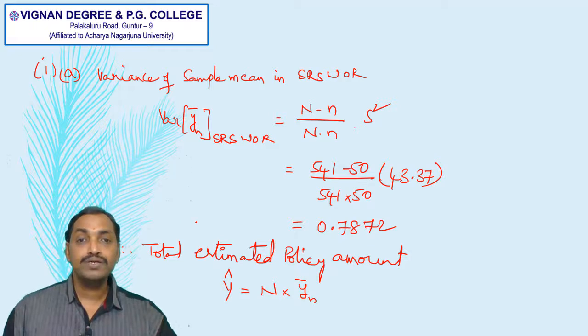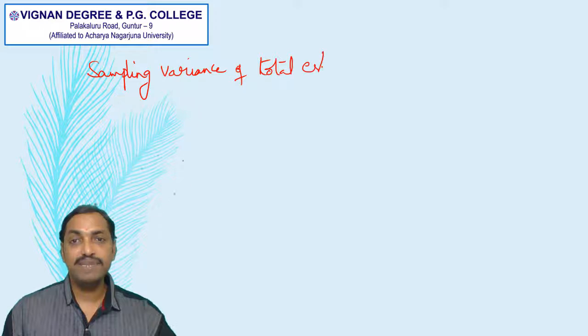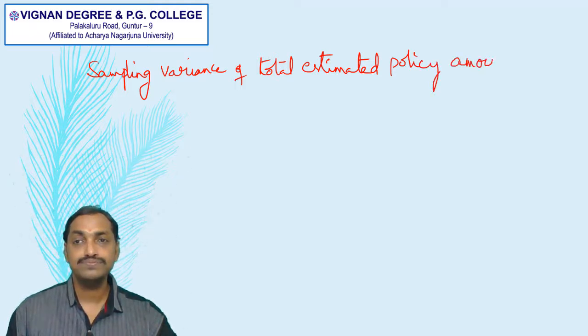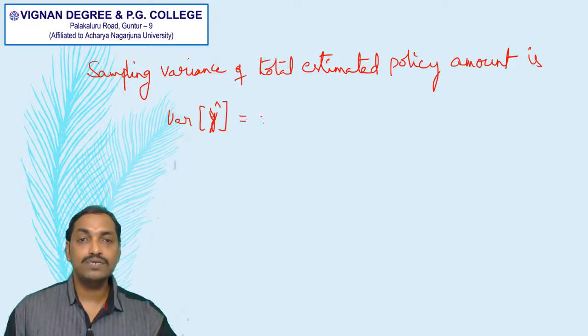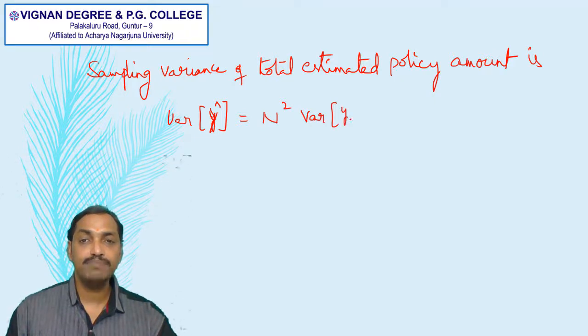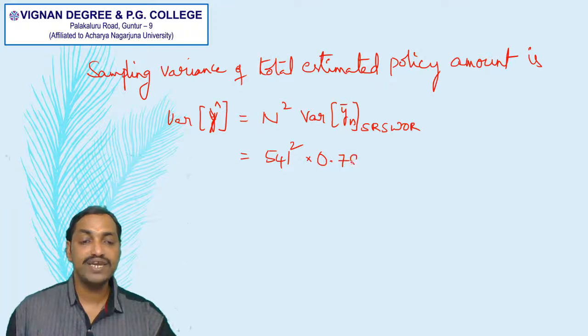The variance of Y cap is equal to capital N square into variance of Yn bar in simple random sampling without replacement, which is equal to 541 square into 0.7872.